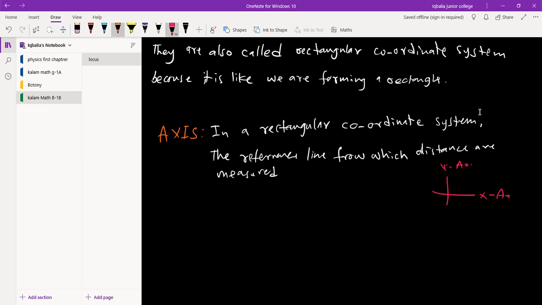So here I have an example for you. Just specify the point in the Cartesian coordinate system: (10, -2) or (-3, -3).